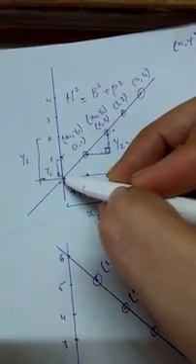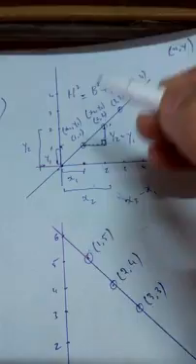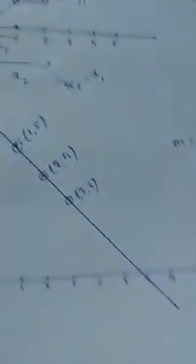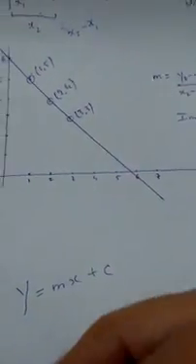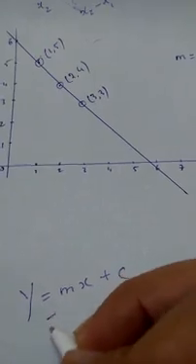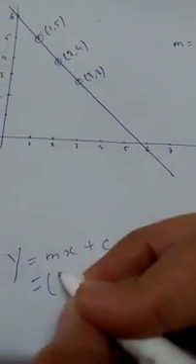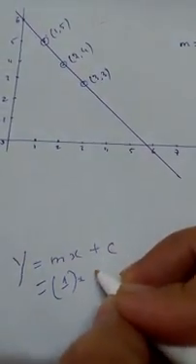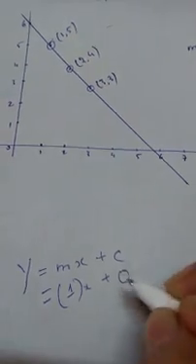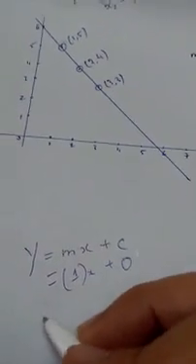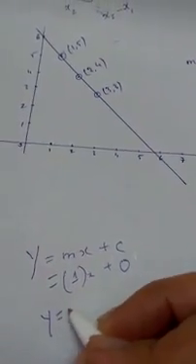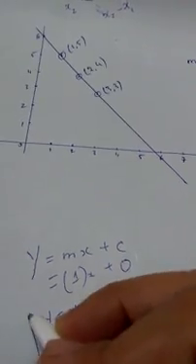So here the value of c is 0. So when I substitute the corresponding values of my slope and my y-intercept, I come to know that the equation of this straight line is y equals x.